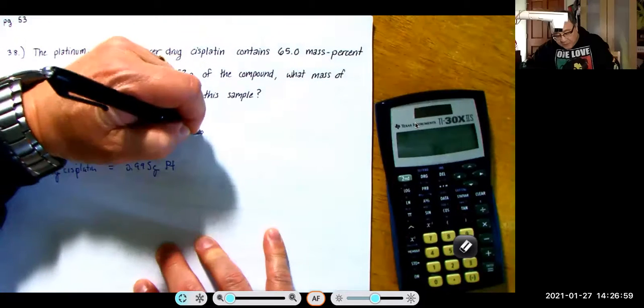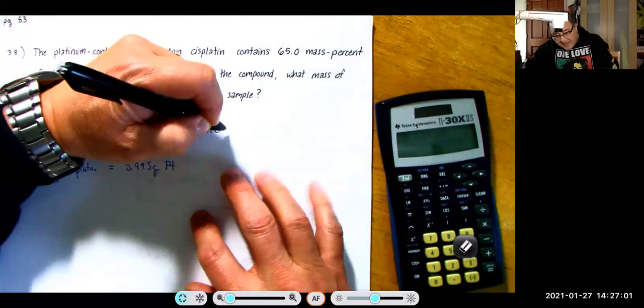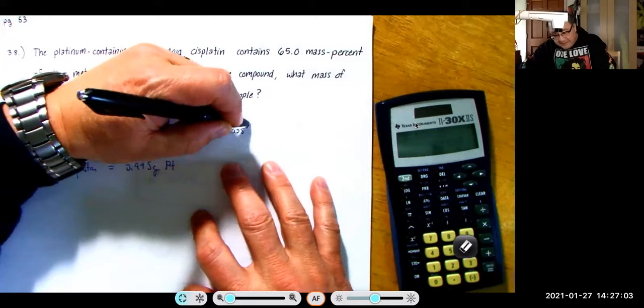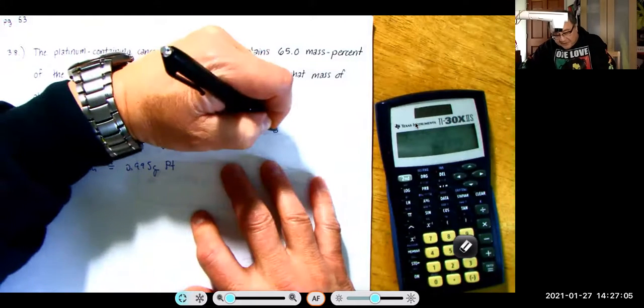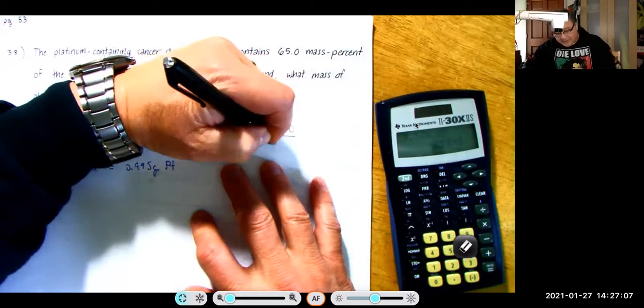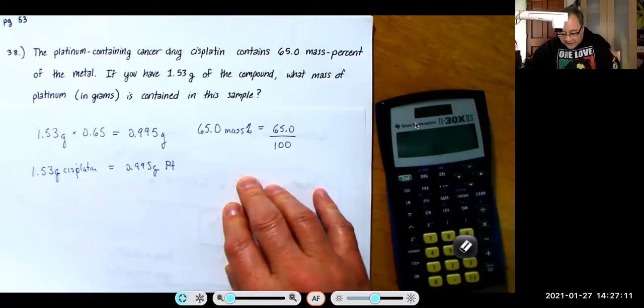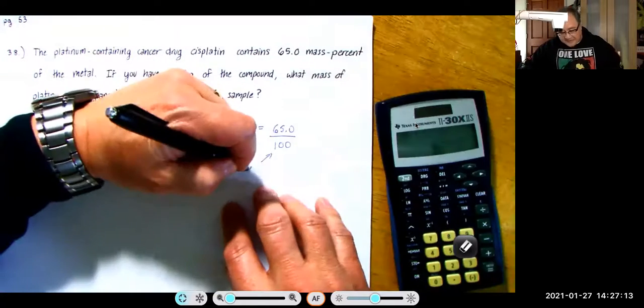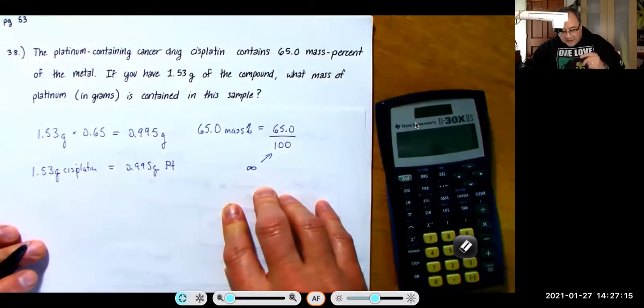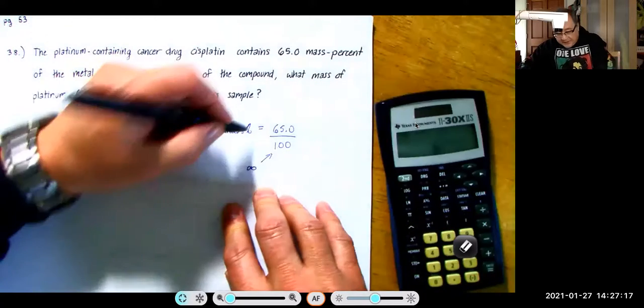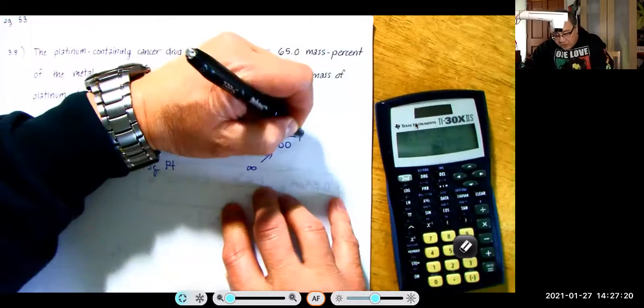So 65.0 mass percent means, by definition, 65.0 out of 100. The definition of percent means over 100, and the 100 is exact, it's defined. The other thing about percentage means that it's part over whole.